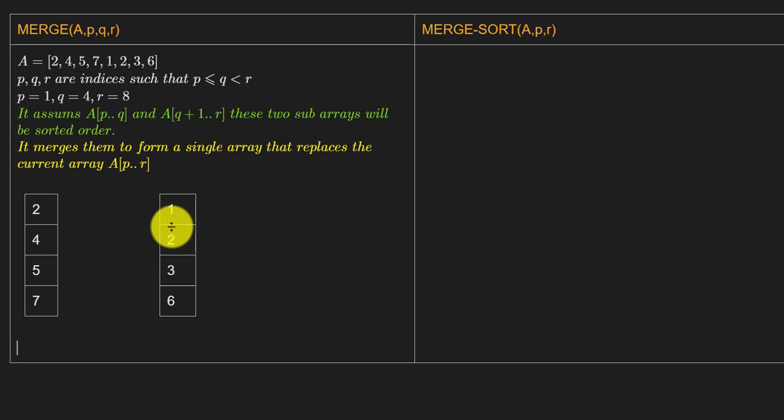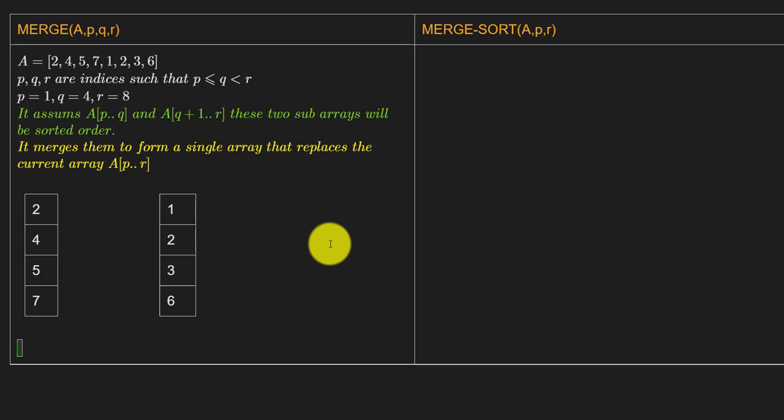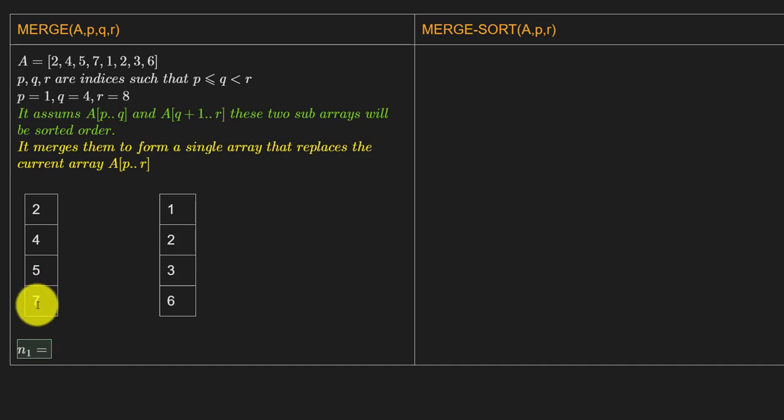Now let us do some basic math, and then we will gradually develop the algorithm. What is the number of elements in the left hand array? Let me write that as n1. From basic math, we know it is the last index minus the first index plus 1.